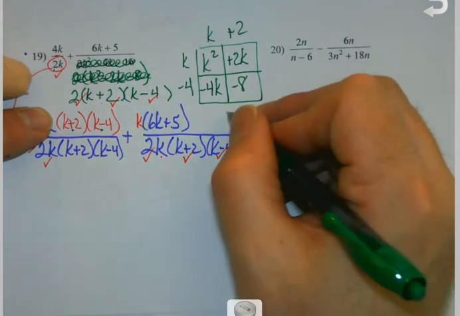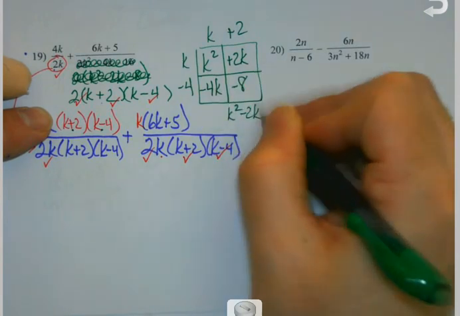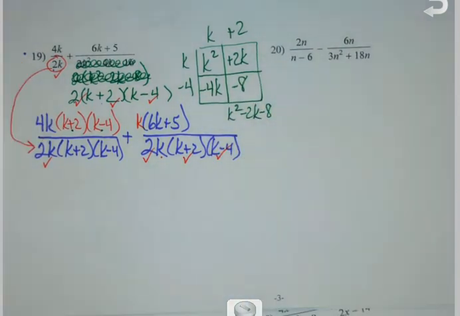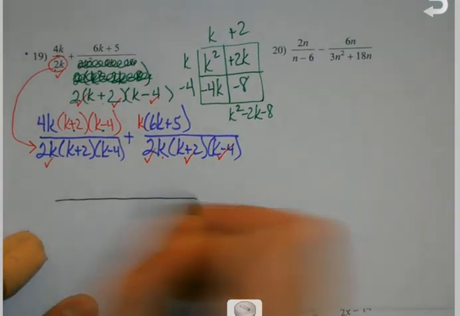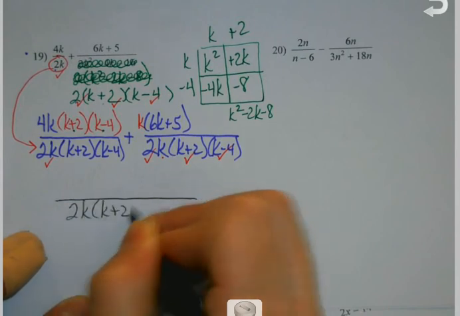So I'm like, all right, so k squared minus 2k minus 8. All right, this is going to be one of those times that I am not going to skip a step because there's too much going on that I am going to miss if I don't do this. So, okay.